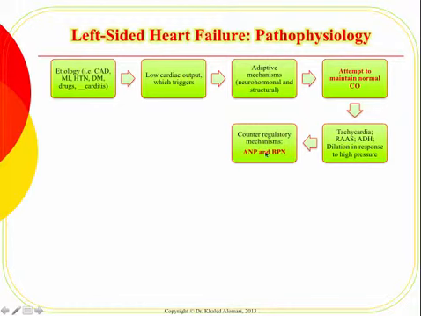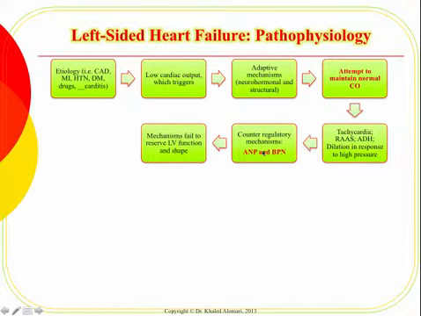These two peptides try to counteract this mechanism. ANP and BNP have a vasodilation effect. They try to relax the blood vessels and decrease the afterload, so they make it easier for the ventricles to push the blood. Now, if this gets complicated and the mechanisms don't work together, then the left ventricle's shape and function will change as a result of the progression of the problem.